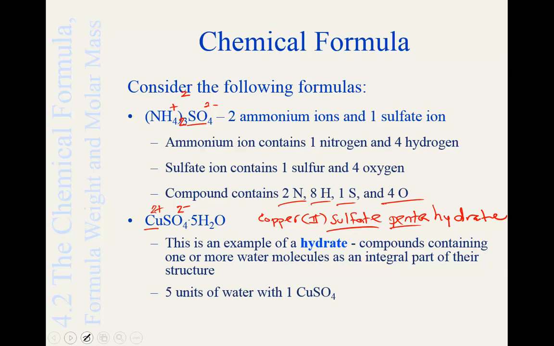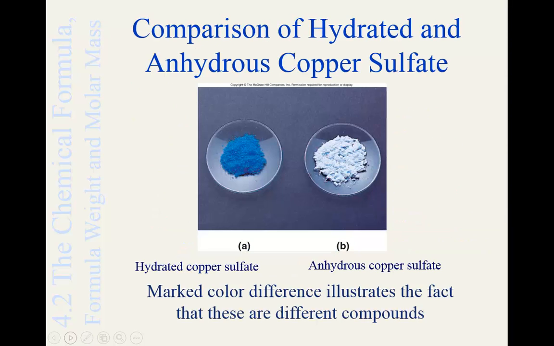And here's a picture of what happens. Copper 2-sulfate pentahydrate's a nice blue crystal. It doesn't stick together much, so it can easily be spread. And then once we heat it up, notice the blue color goes away and we get a white powder, and that's anhydrous copper sulfate.